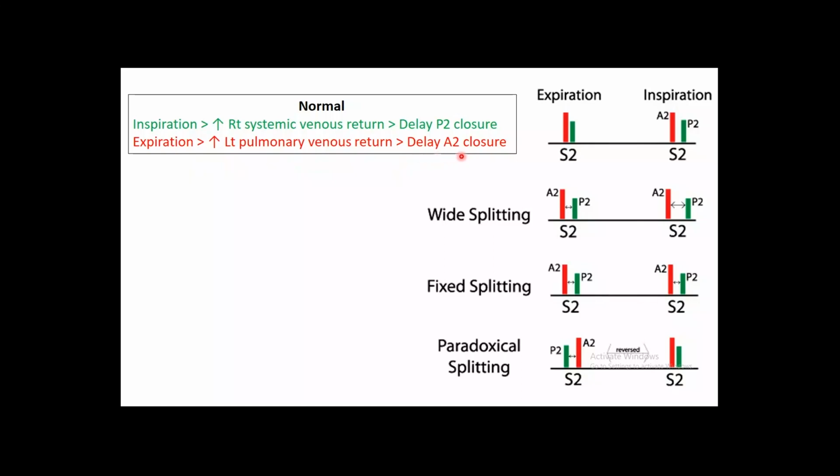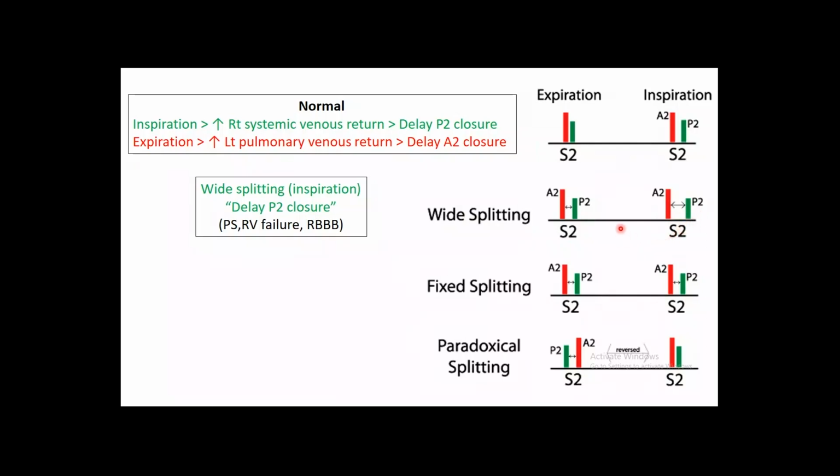This is a fact that we should know first to understand the abnormalities that could be heard. The first abnormality that could be heard is wide splitting of S2. That means a wide gap between the aortic valve and the pulmonary valve during inspiration.